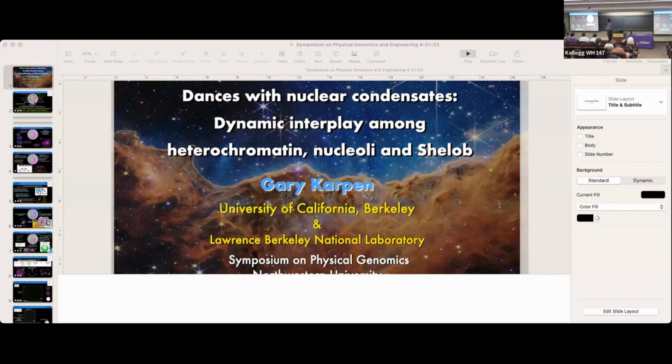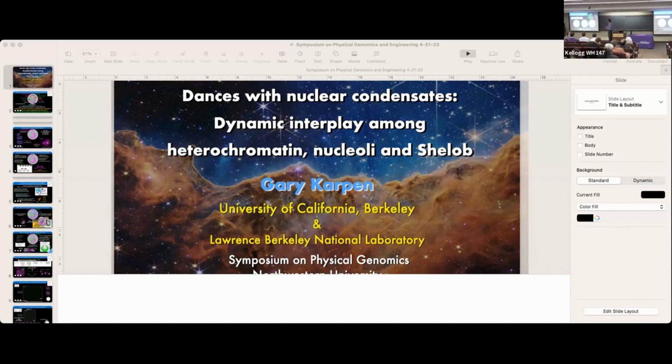And conversely, we've started to play with decreasing the strength of the self or homotypic interaction, in this case by decreasing HP1 binding to K9 methyl, and then you can again see mixing, with enrichments of SHELOB out in the euchromatic region.